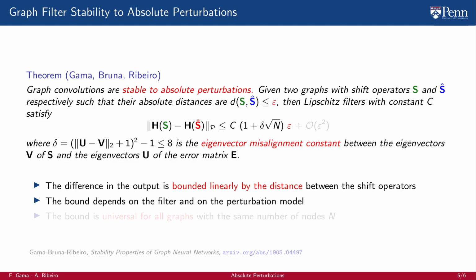The constant delta depends on how different are the eigenvectors of the shift operator S and that of the perturbation E. Knowing more about the perturbation E will certainly allow us to compute better values of delta. In any case, this constant is always bounded by 8 due to the unitary nature of the eigenvector matrices. We emphasize that this bound is universal for all graphs with the same number of nodes n.